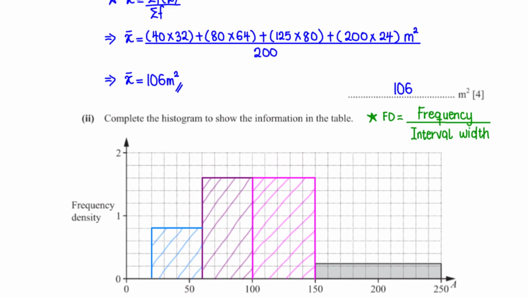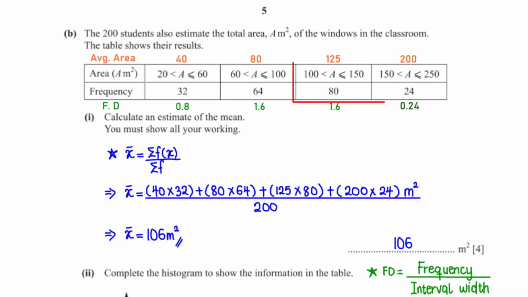We need to remember that these students are picked from the pool of students who estimated an area greater than 100 meters squared. And so the probability that the first student estimates an area greater than 150 meters squared is equal to the number of students who estimate an area greater than 150 meters squared, which is 24, divided by the total number of students, which is 104. After the first student is picked, the total number of students is now 103.